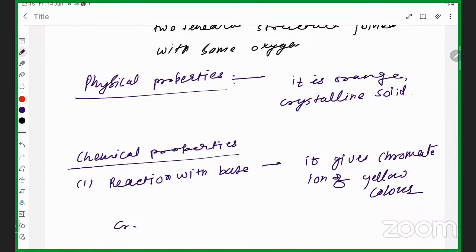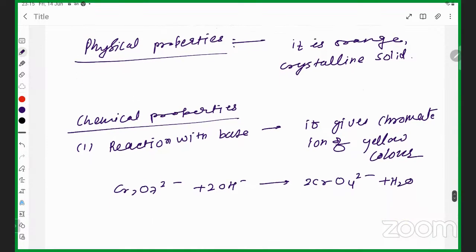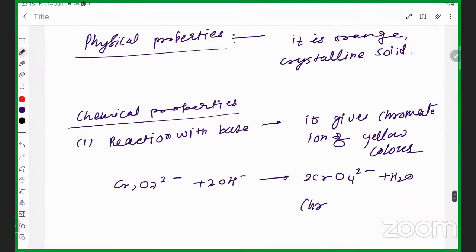So Cr2O7 2 minus treating with 2OH minus gives 2CrO4 2 minus plus H2O. So this is chromate. If you are treating with the base, it is giving chromate ion.